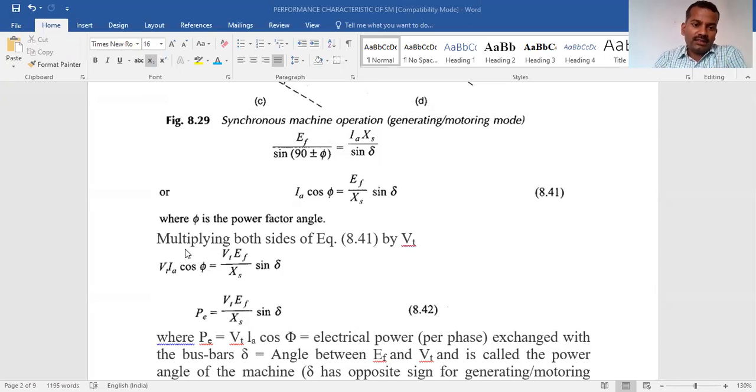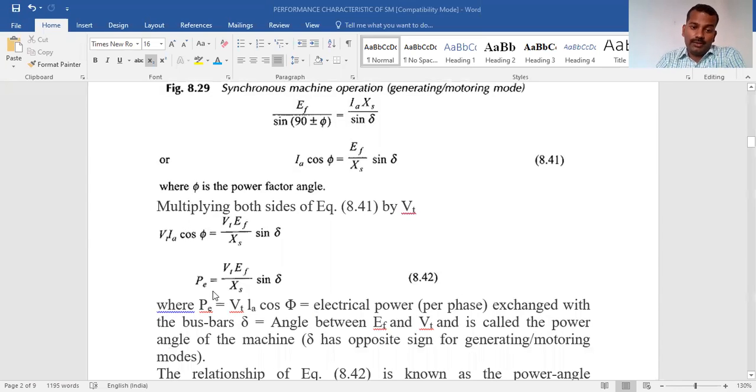This VT IA cos phi, VI cos phi, becomes the active power, the electrical power PE delivered from the synchronous generator, and it will be equal to VT EF by X sin delta. You have to remember this formula very carefully, right?